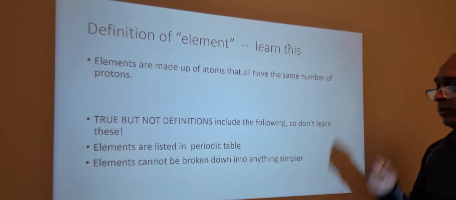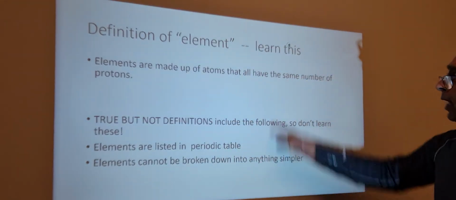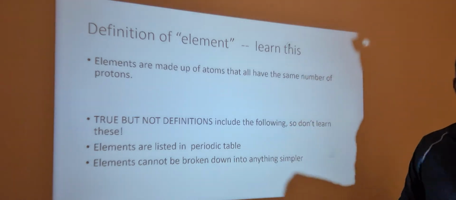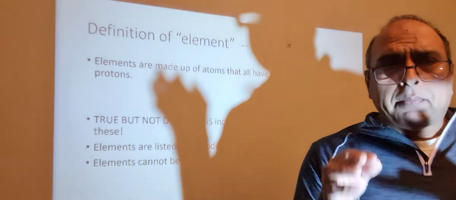So what's an element? Well, I want you to learn this definition of an element. I'm going to say to you that elements are made of atoms. And a particular element is made of atoms that all have the same number of protons. So it's the number of protons that's the key.